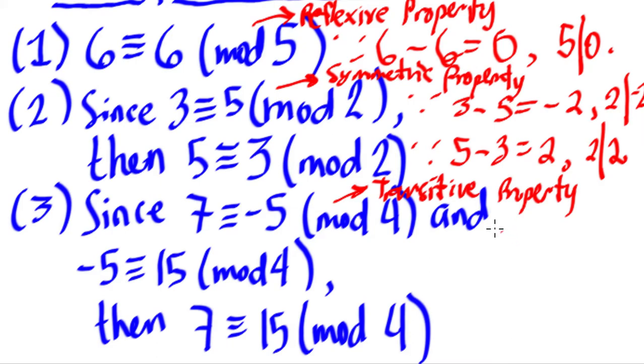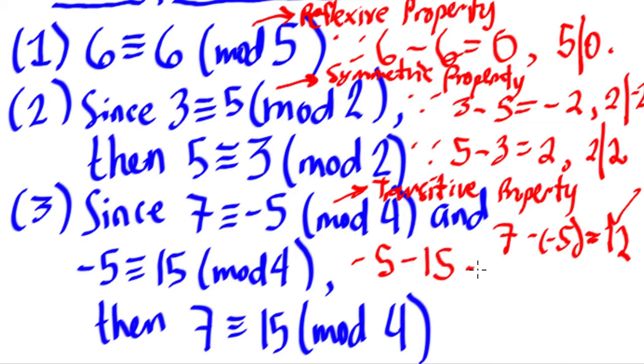So 7 minus 5 is going to give us 12, and clearly 4 is a factor. 4 divides 12. Let's check. Here we have minus 5 minus 15, which is going to give us minus 20. So 4 is indeed a factor of minus 20, multiply that by negative 5.